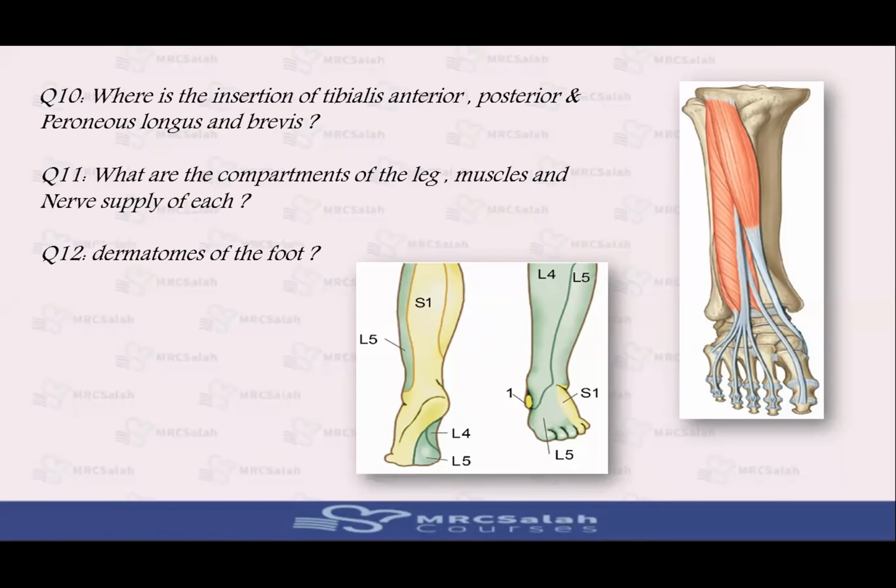Brevis is at the base or tuberosity of the fifth metatarsal. While longus will cross to the medial cuneiform and the first metatarsal. Okay.